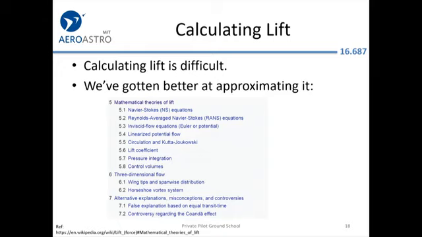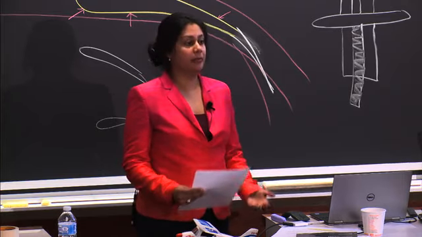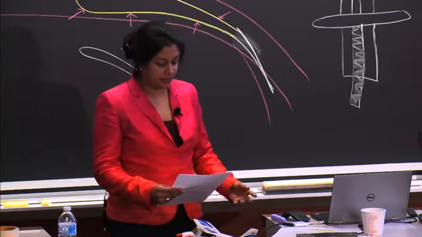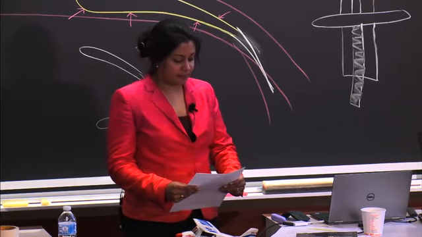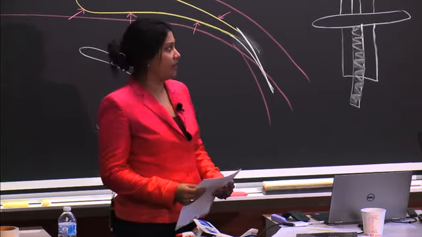So one that you see up there is Navier-Stokes. Navier-Stokes is a set of equations that does a really good job of predicting lift, and it takes into account a lot of things.